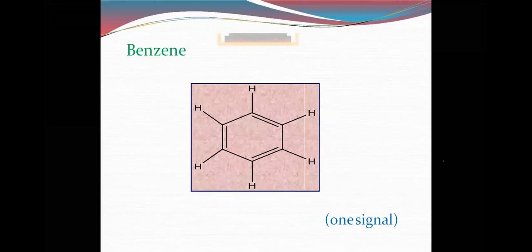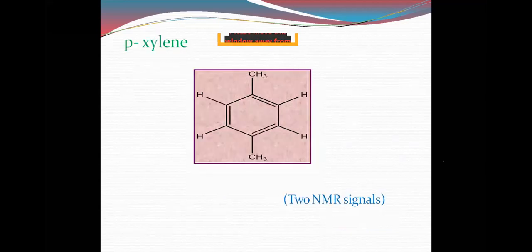So these six protons show only a single NMR absorption. The intensity of the peak will be high because there are six similar protons, but it will be only a single peak.